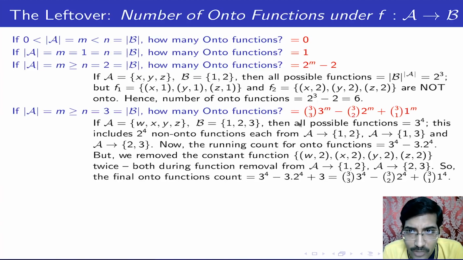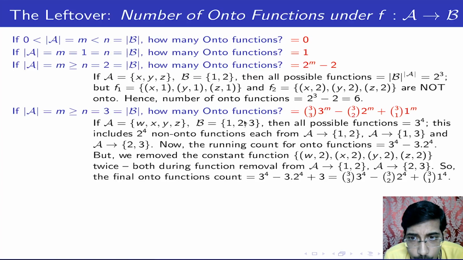Wait a minute, where are we reaching now? 2 to the power m minus 2 is not a generic format. So we are reaching a scenario where first we say that we will map everything to everything. So all possible combinations here, that is 3C3 and 3 into 3 to the power 4, is our combinations to map functions of size 4 elements to 3 elements.